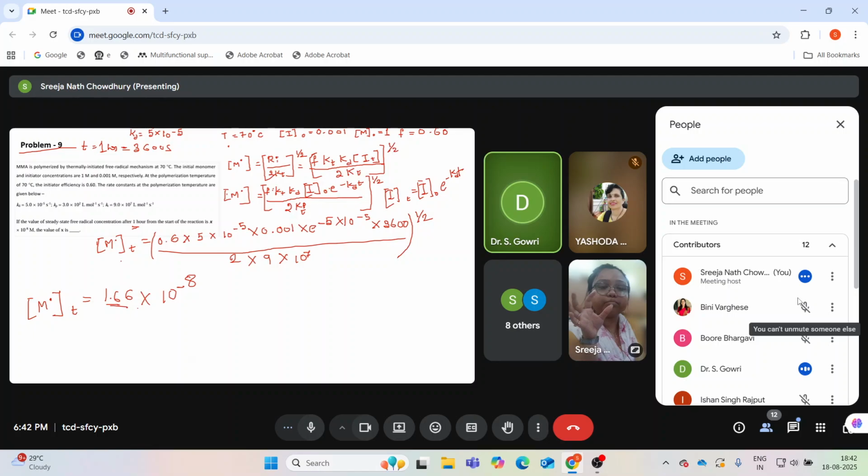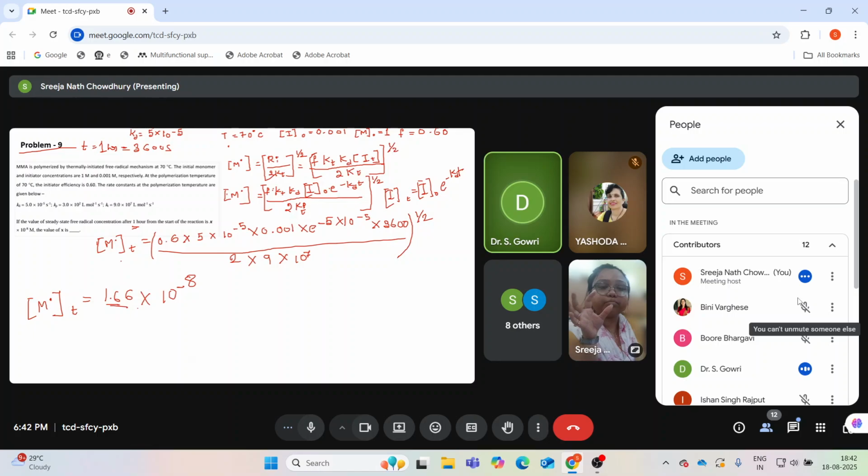Can you explain a bit more? Like, if the initiator concentration initially is 10 mole per liter, after it disintegrates into a radical, it will attack the monomer and continue to grow in size.